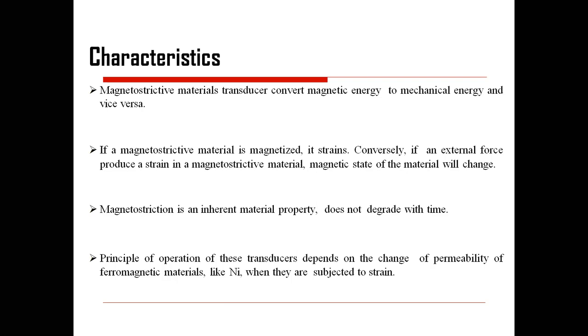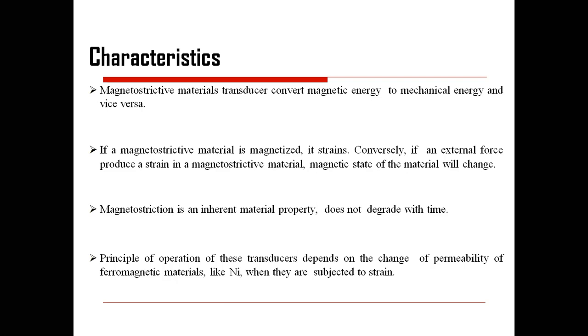So with strain in a magnetostrictive material, the magnetic state of the material will change. Okay, so your magnetostriction has an inert property that doesn't degrade with time. This is a very significant characteristic of that particular magnetostriction.